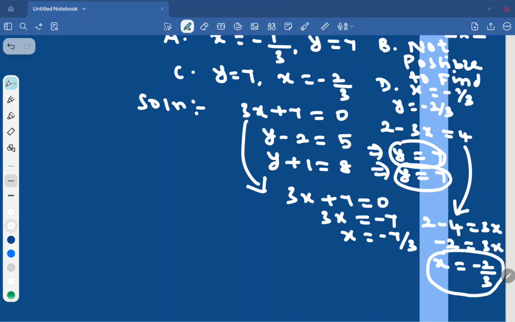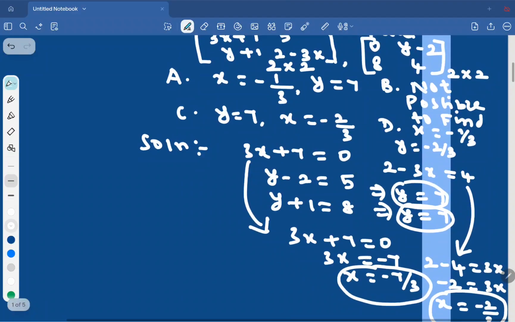Here x is minus 2 by 3, here x is minus 7 by 3. But values are same for y, but for x it is different. Therefore, for this problem, it is not possible to find such a pair of matrices because of x value being different. Option B is the correct one.